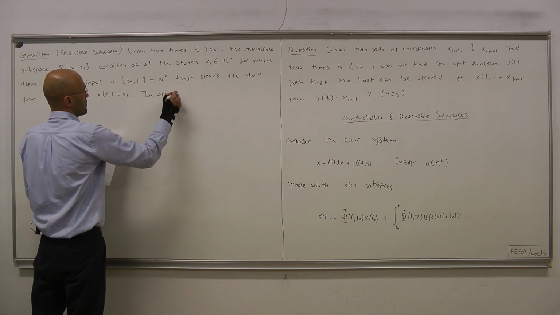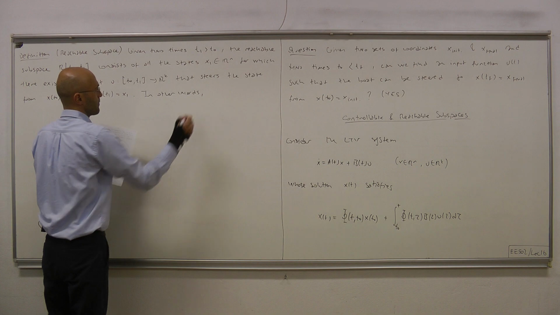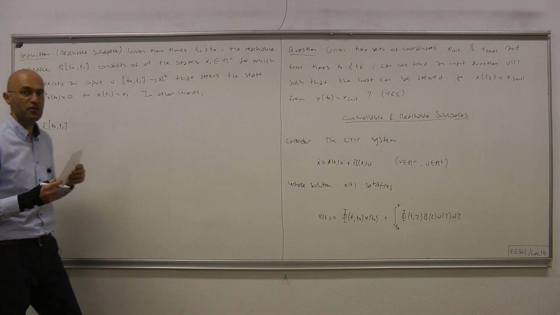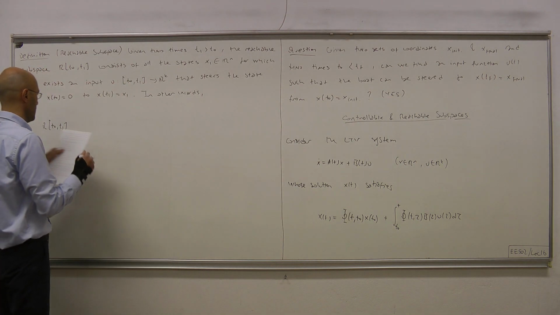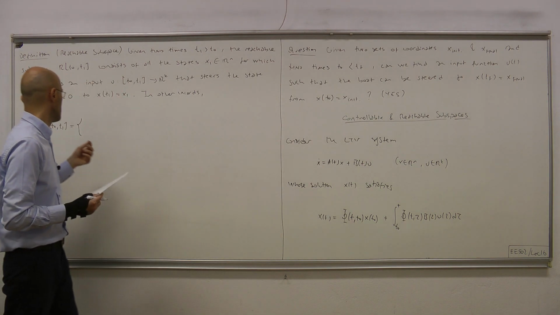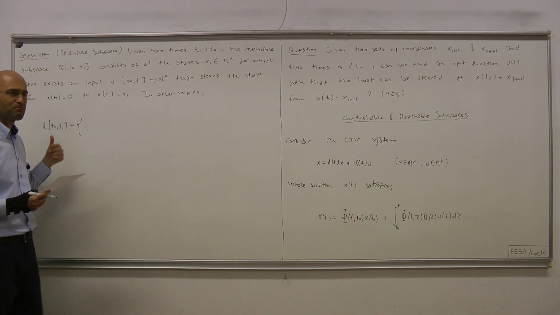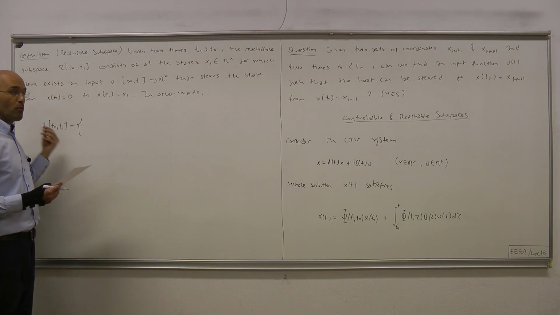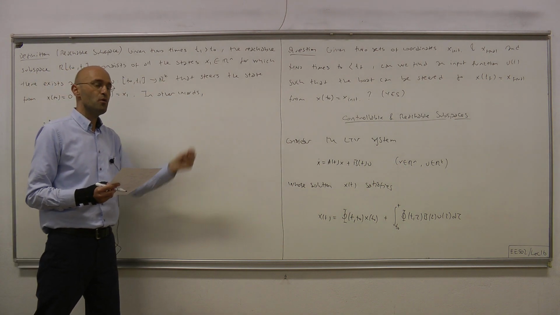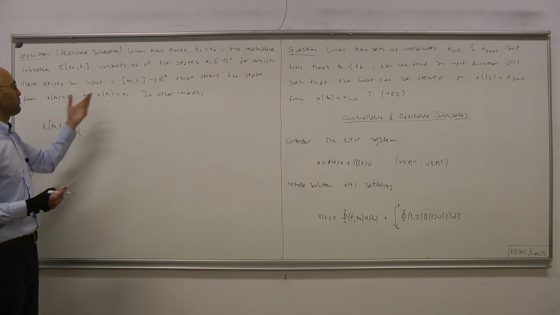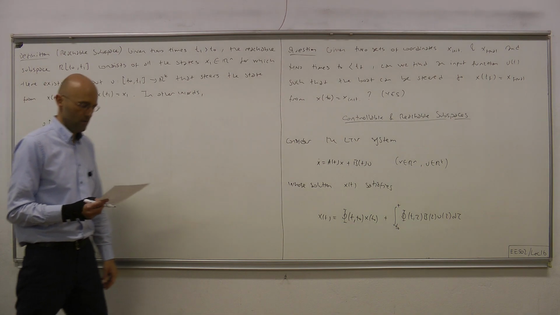In other words, the reachable subspace for a given interval t0 to t1 is the set of points that you can steer the state from the origin to, in this time interval, by applying some proper input.